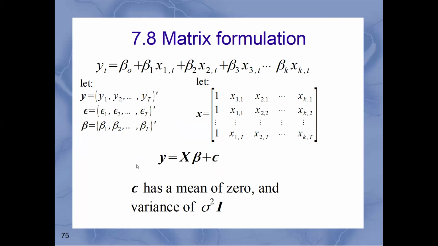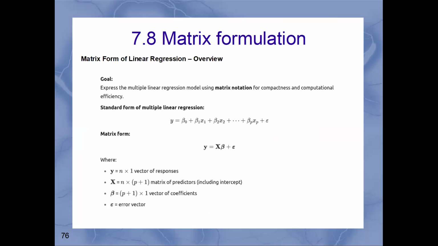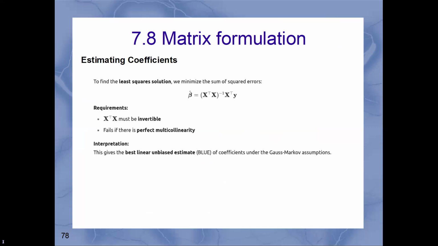In this case, our epsilon has a mean of 0 and a variance of sigma squared times the identity matrix. So the goal is just to represent this as a set of matrices, and we can do that.